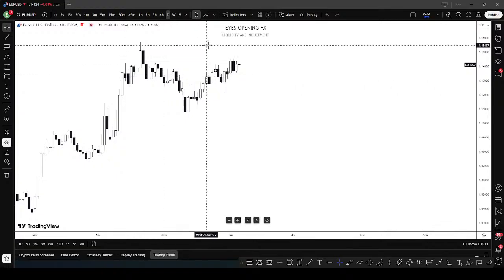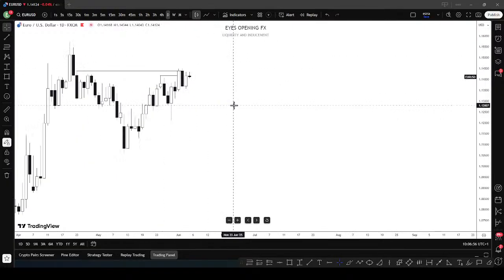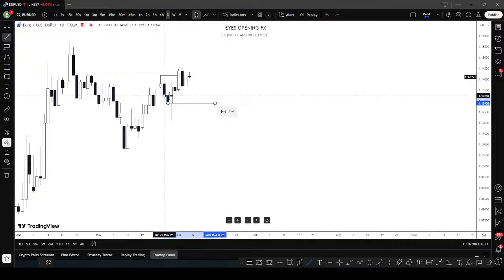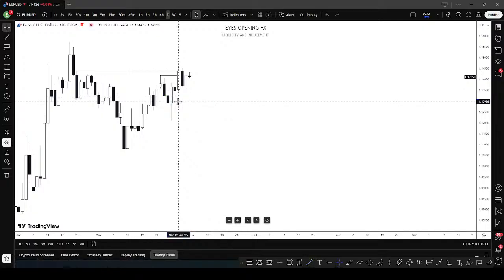Since we understand what market is doing on this time frame, the next thing we do is mark out our current support or resistance level on this daily time frame. This is our current support level. Market has used it to buy this day.